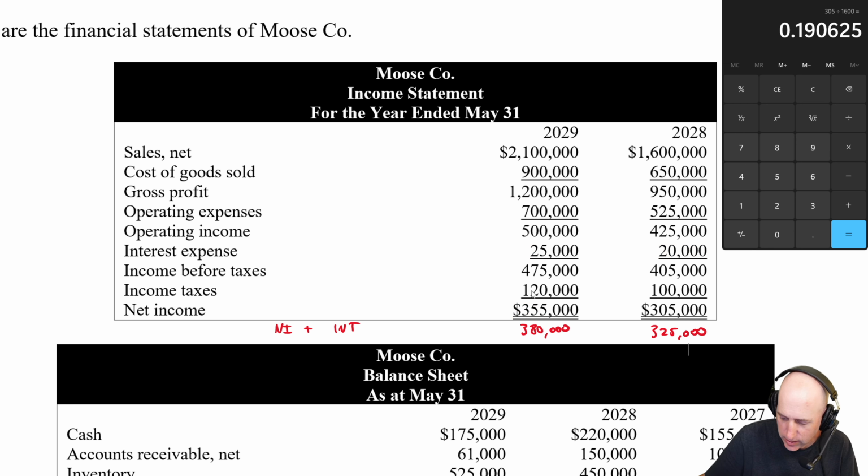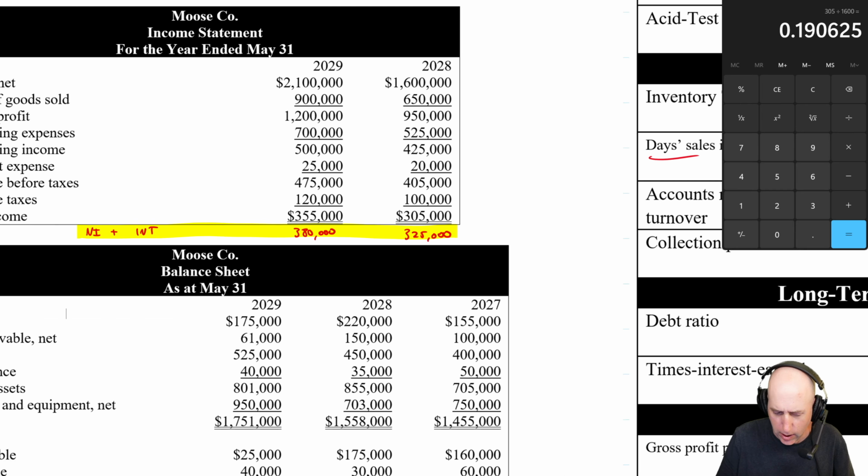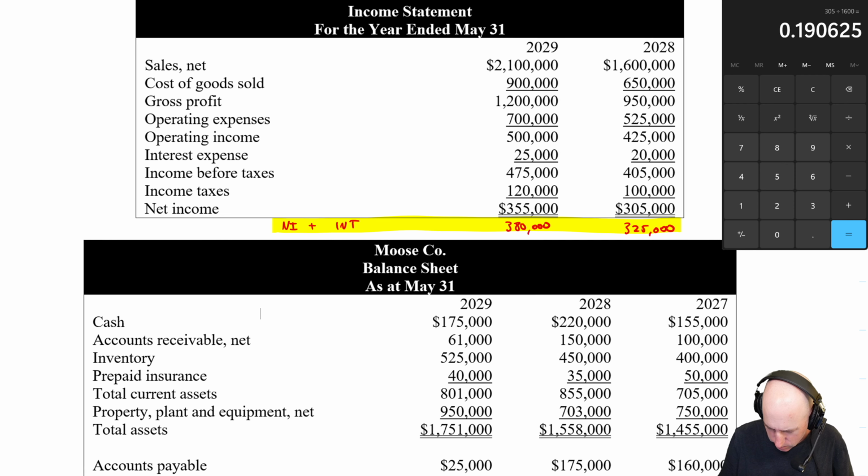So I'm going to make this number my numerator in my fraction here, net income plus interest divided by average total assets. My total assets just down here, and I need averages, just like we did with inventory, just like we did with receivables previously. You just average these two.